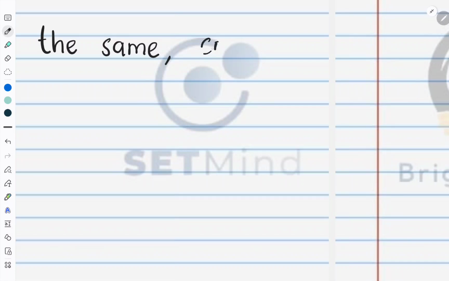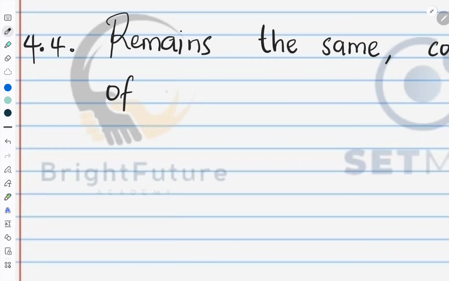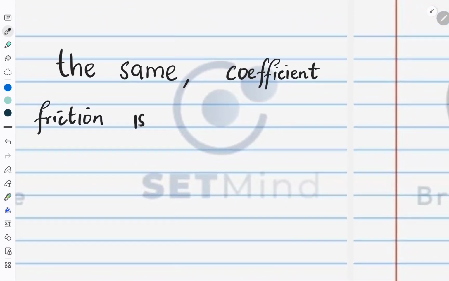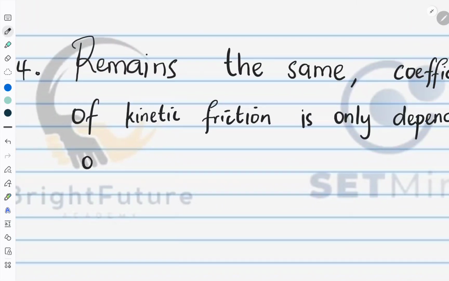So we say coefficient of kinetic friction is only dependent on the type of surface. So nothing else. I think this is the shortest way of putting it.